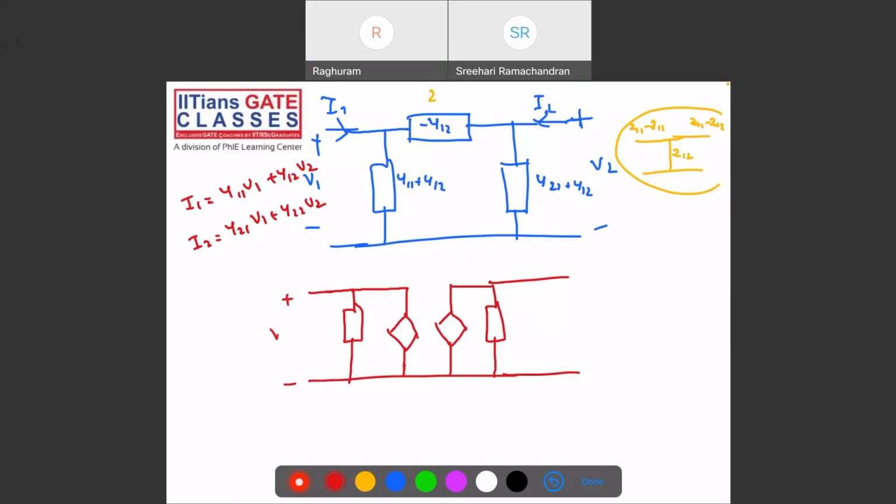Here the current is getting divided, so this should be a parallel circuit.